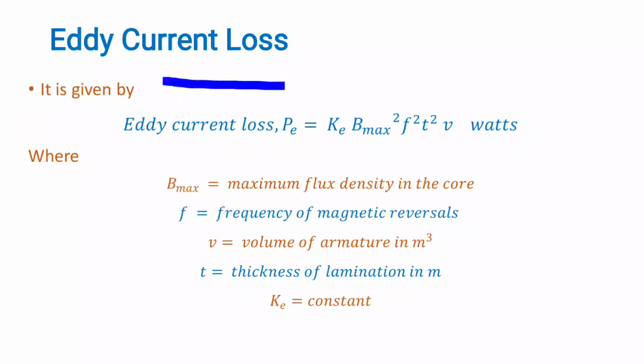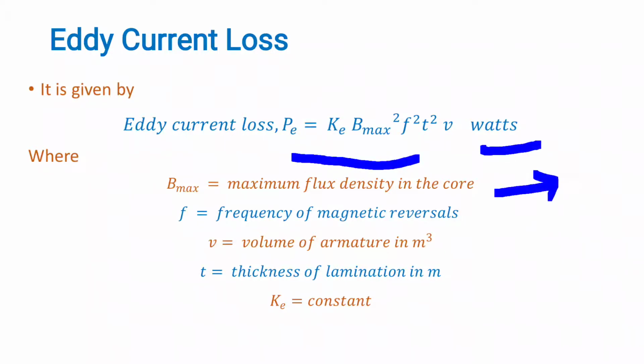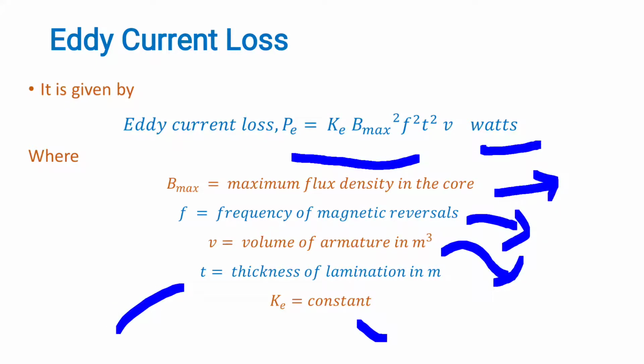That loss is your eddy current loss. It is given by P_e = K_e × B_max² × f² × t² × V watts, where B_max is the maximum flux density in the core, f is the frequency of magnetic reversal, V is the volume of the armature in meter cube, t is the thickness, and K_e is a constant.